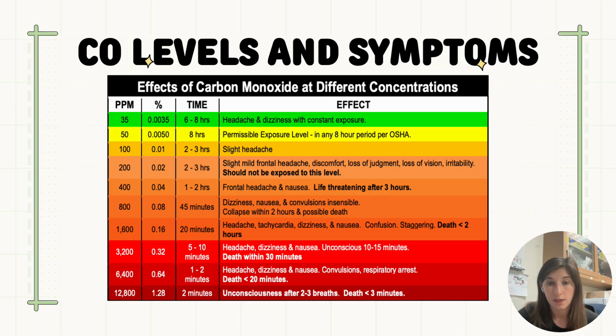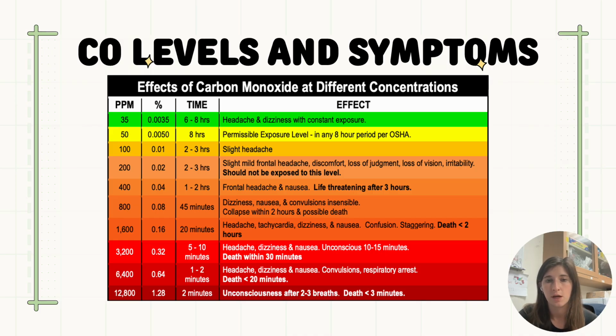Now we're getting into the really high numbers. So at 3,200 parts per million, people will only have about 5 to 10 minutes before they start experiencing headache, dizziness, nausea, and then they will be unconscious in about 10 to 15 minutes, with death about 15 to 20 minutes after that. So at about 30 minutes.